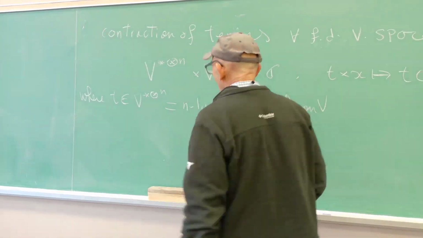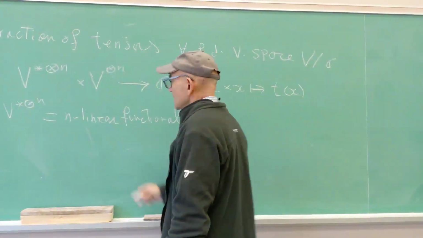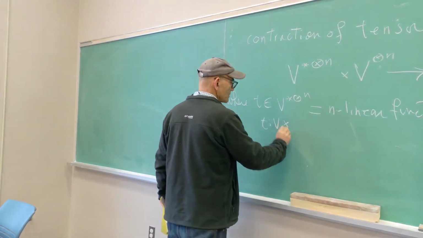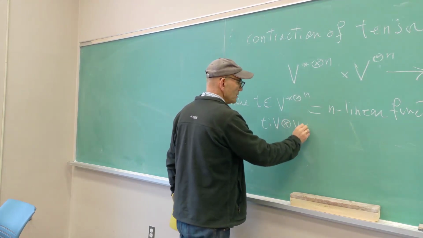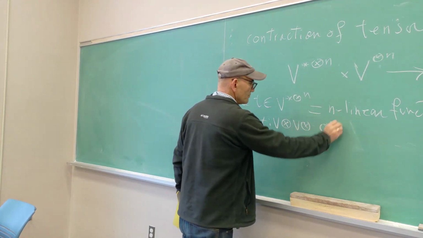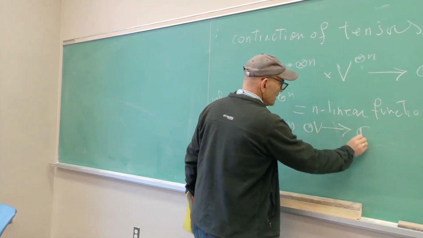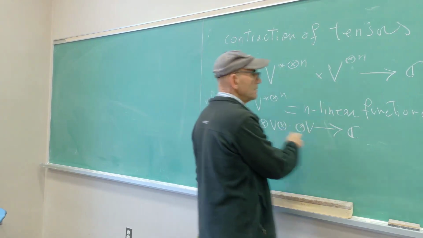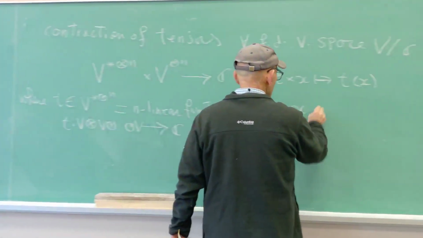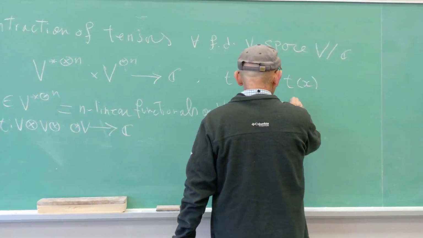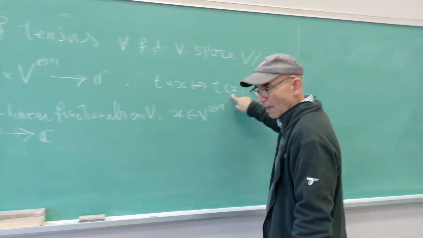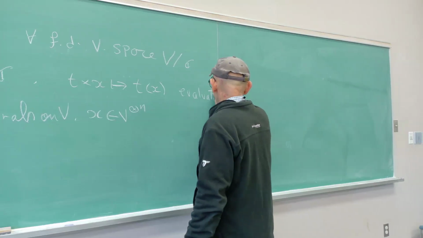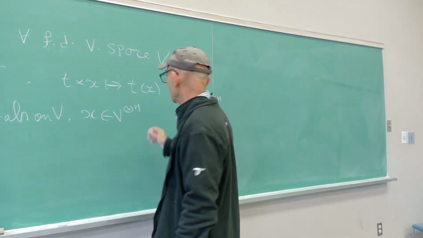So this T we can now interpret as V cross V cross V to C, and then if you pick an X, and X belongs to V tensor n, this is an evaluation map, okay? Which is also called contraction.